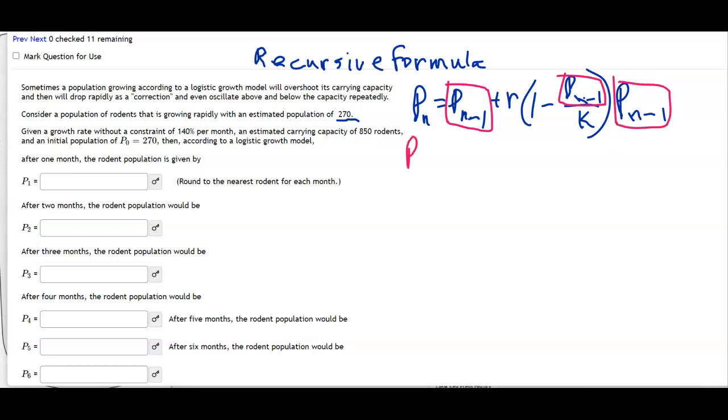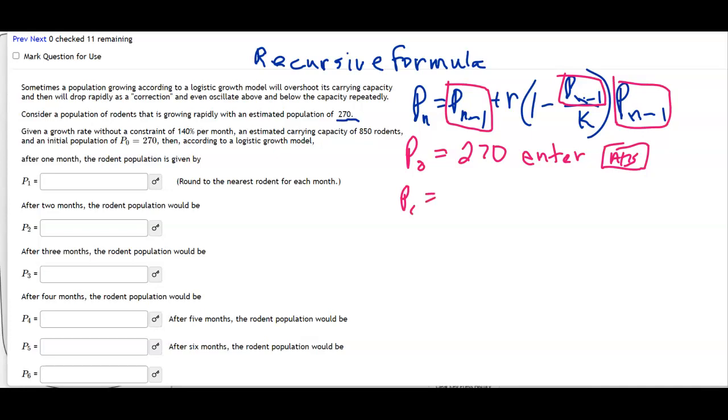So since p sub 0 is equal to 270, we'll enter that on the calculator, and then that will become the answer in the calculator. So basically, we're going to plug in 270 to start with, and then use it to find p sub 1.